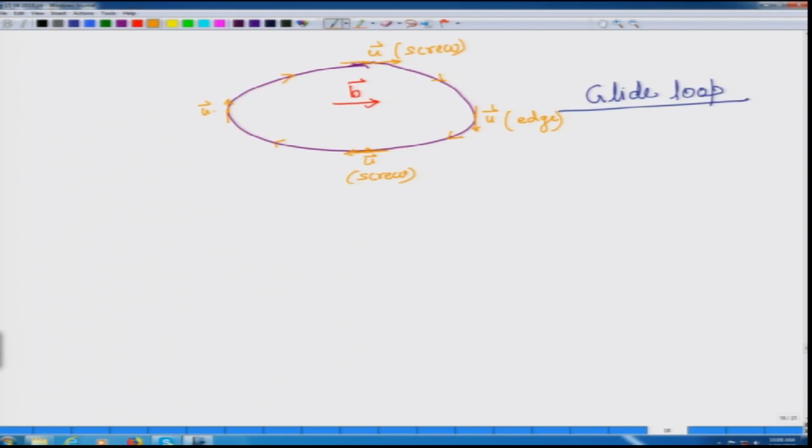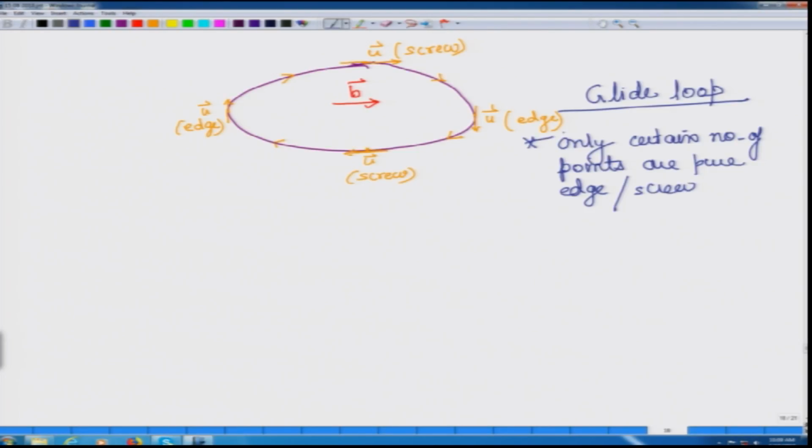Now, this one, similar to that one, is also a pure edge dislocation, meaning in a loop like this, if it is continuous without lots of minima and maxima, then only a certain number of points are pure edge or screw.